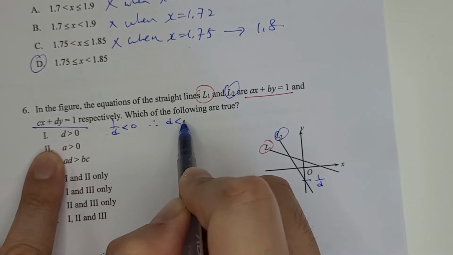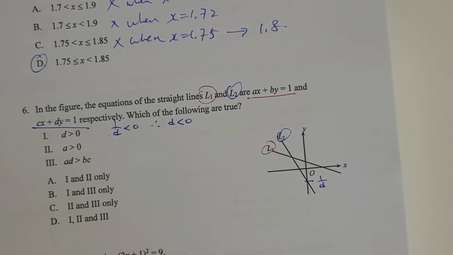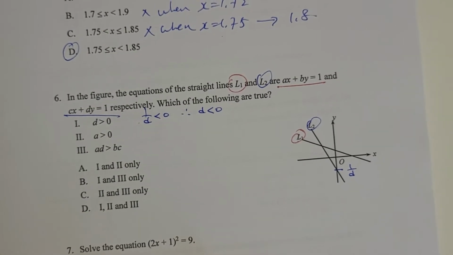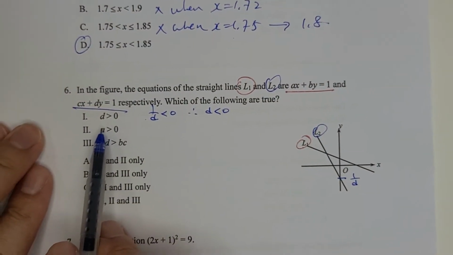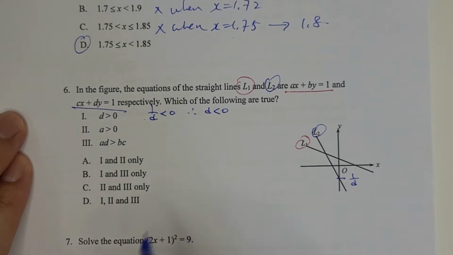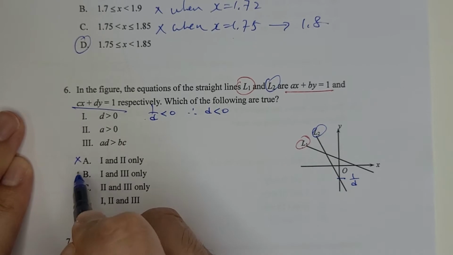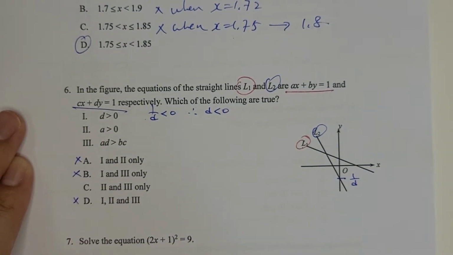Therefore, D is negative. When D is negative, option 1 is not the correct answer. So the options containing 1 would not be accepted. Therefore, luckily you can find C.